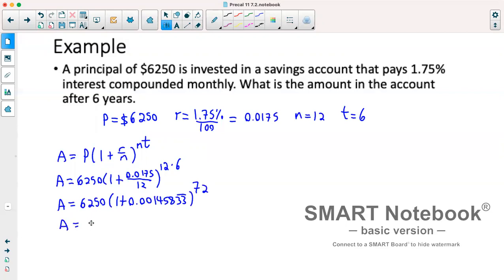So we've got A is equal to 6,250 times 1.00145833 repeating to the power of 72.